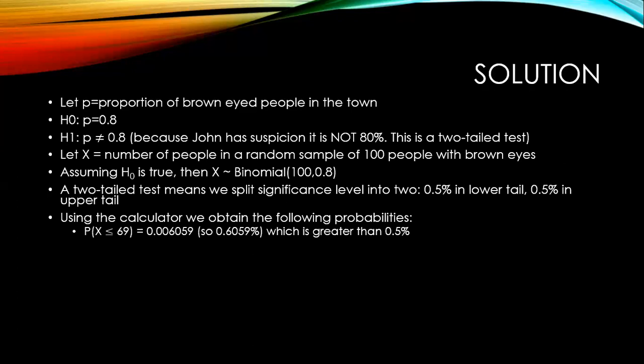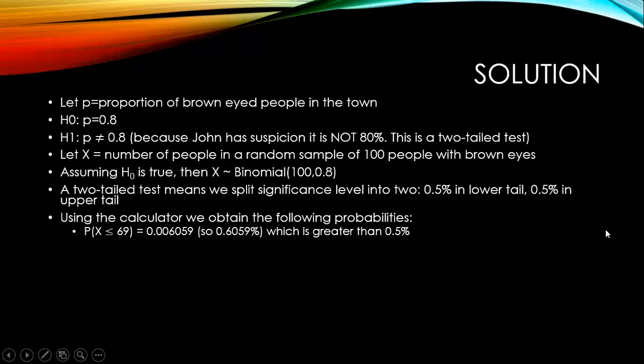So in this case, we're going to put into the calculator, binomial CD, making sure we're in binomial CD with these hypothesis tests. X equals 69, number of trials 100, probability of success 0.8. If we press equals, we get this probability, 0.006059.